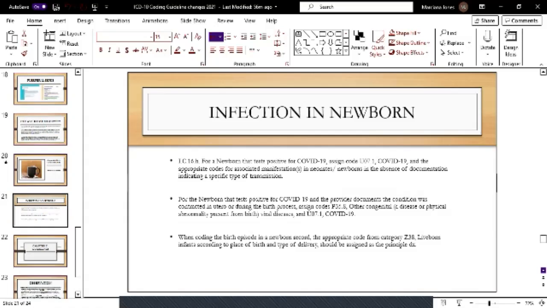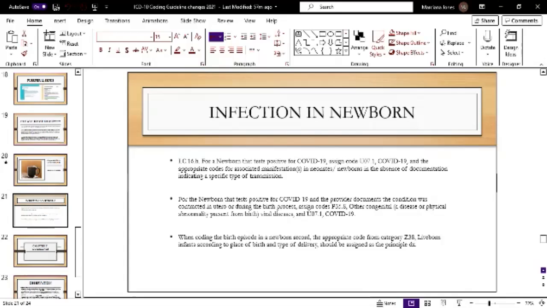So infection in newborn, we're talking about COVID-19 in newborns. You're going to be ready for the adults, the newborns, the adolescents, the geriatrics, everybody. You're going to be ready to tackle this COVID thing.